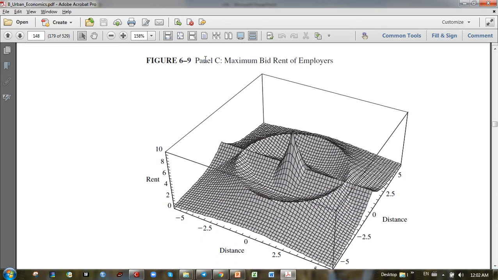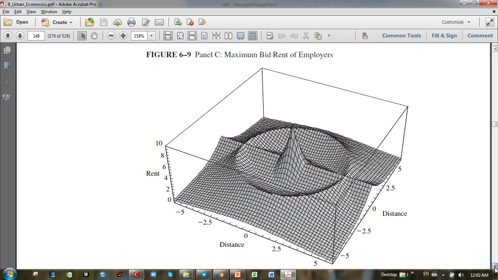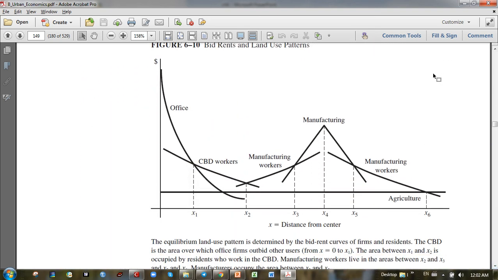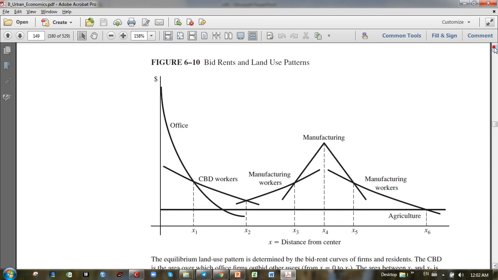If you combine panel A, office and manufacturing together, you get this table. However, the last figure is similar to the figure above, but the figure above is 3D. This is 2D. It's only horizontal and vertical.